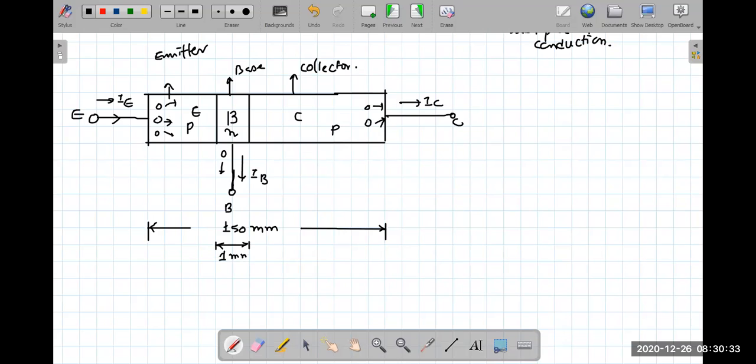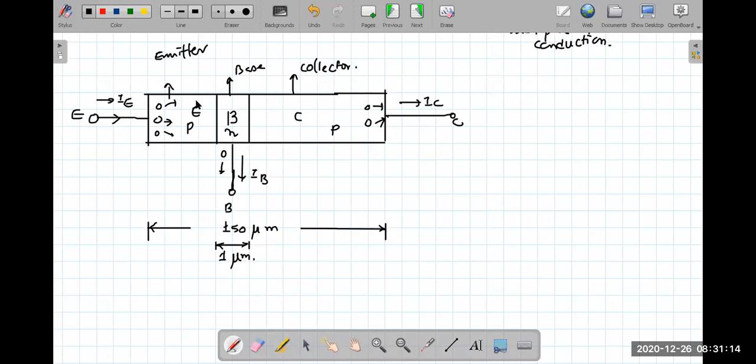Actually, it's not mm, maybe it's micrometer. If this is 150 micrometer, this will be 1 micrometer. So that means the base is very thin. Understood? But if I draw it in this exact proportionate ratio, then I cannot represent all these terms. So that's why I drew the base a little fat, but in reality it will be very thin.